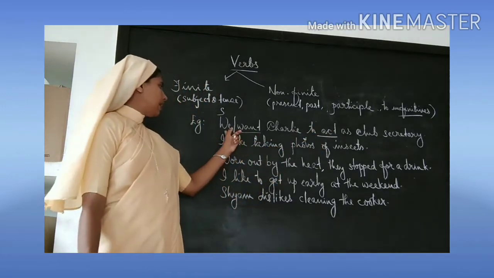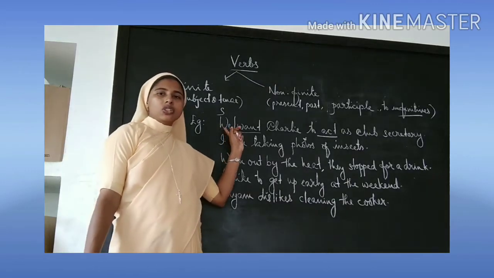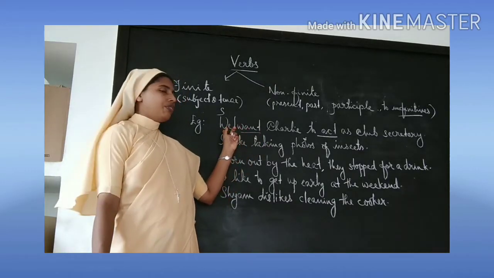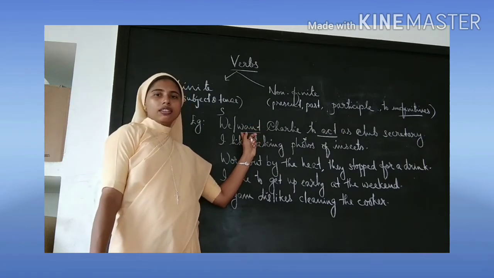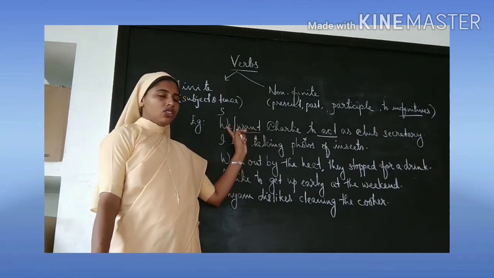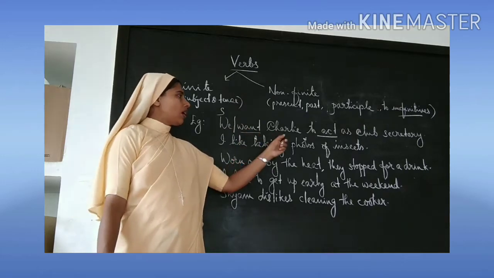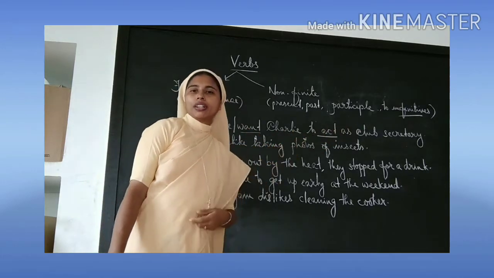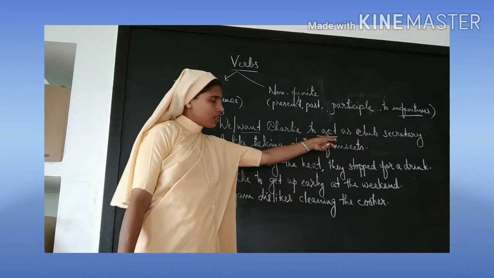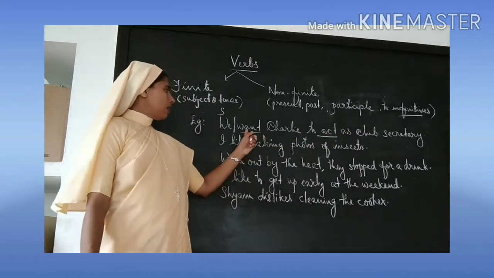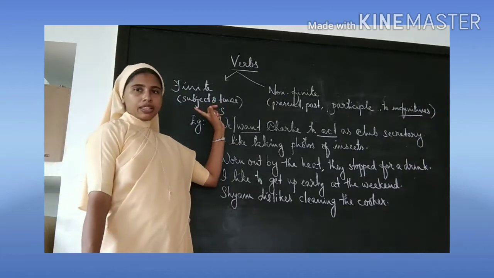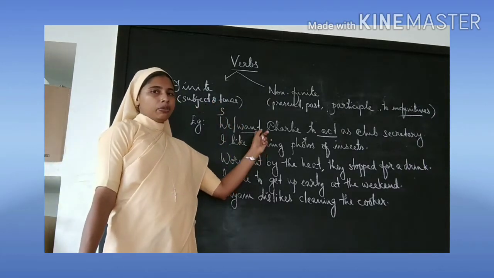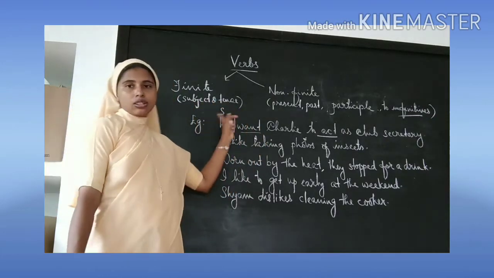For example, if I take this as "she," and we use "she wants," see the change in the main verb: she wants Charlie to act as club secretary. You see there is no change for this verb, but only for the main verb or the finite verb. The change is always with the finite verb. It changes with the subject and tense.